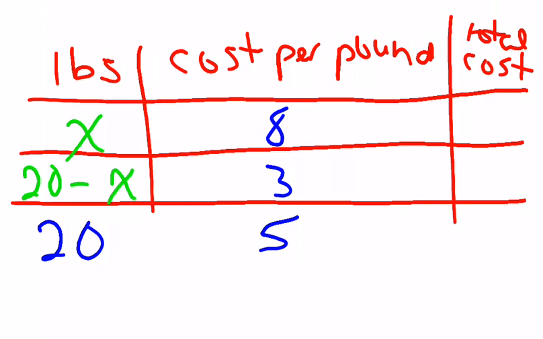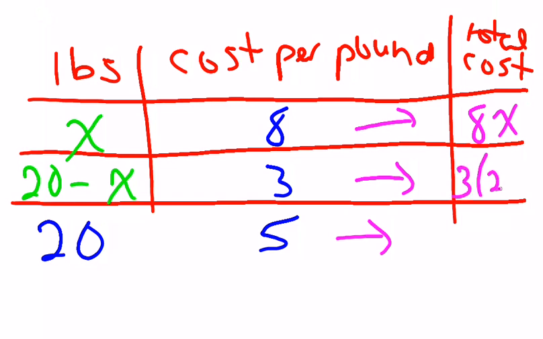Now in these charts, we multiply going across. So if we have so many pounds and $8 per pound, then the total cost is those two multiplied. Same thing here, 3 times 20 minus x. And then 20 times 5 is 100.